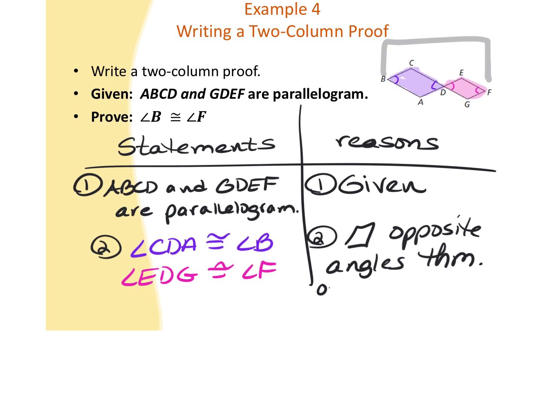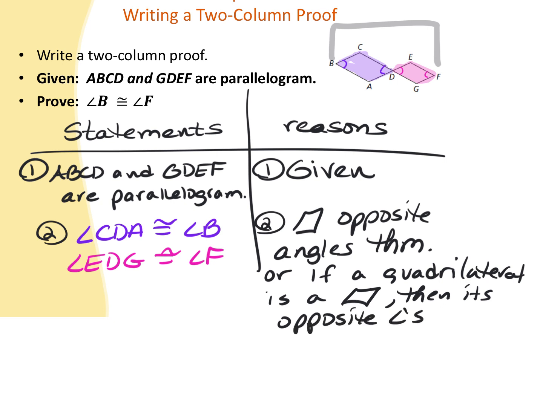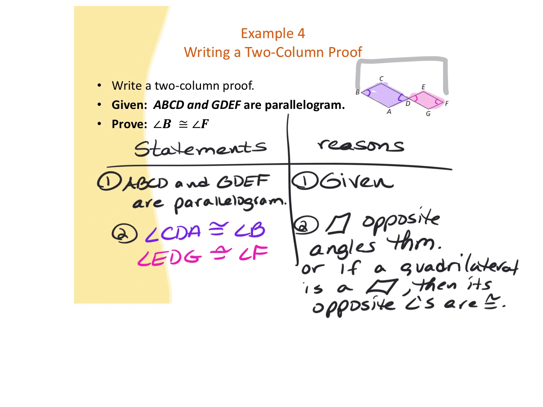So the other option would be to restate it, and you would have to state that if a quadrilateral is a parallelogram, then its opposite angles are congruent. So either way, you either give me the name or give me what it states in if-then form.